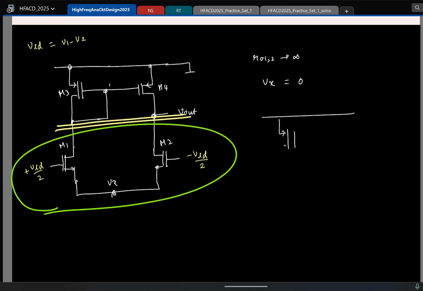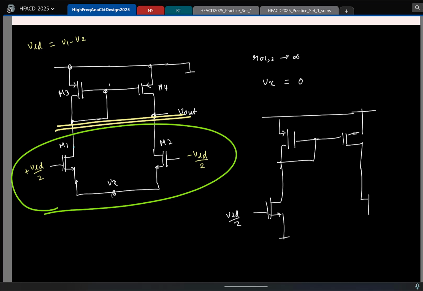This basically becomes this. This is, let us say, plus VID by 2. This is grounded. Minus VID by 2. This is grounded. So now we can work out what is the small signal current here. GM1 VID by 2.